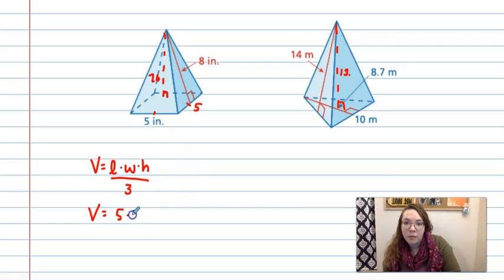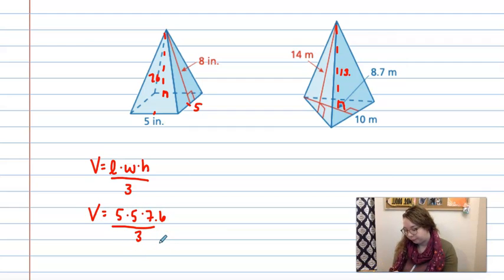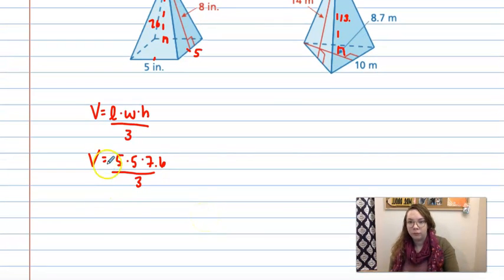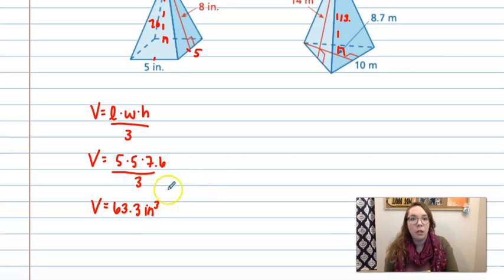So 5 times 5, it looks like my height is 7.6. And then we divide that by 3. So that would give us 63.3 cubic inches. Remember, volume is measured in cubic units.